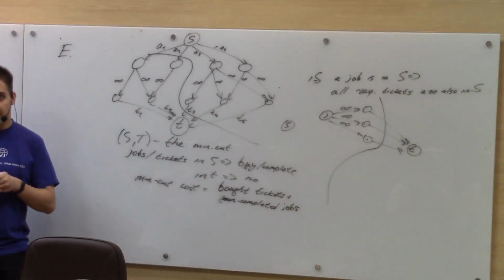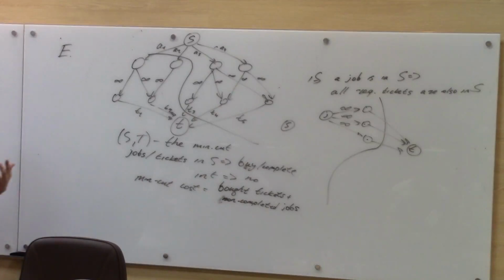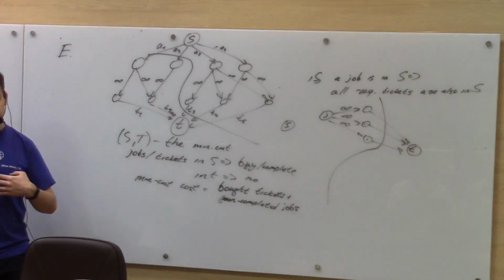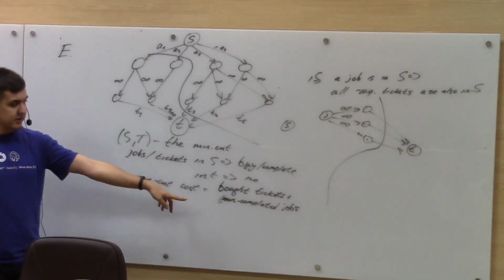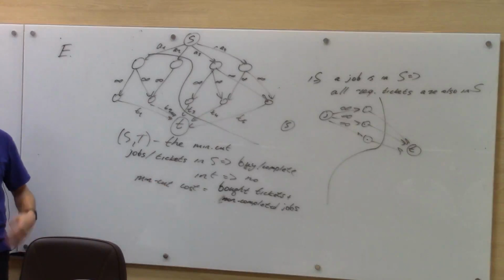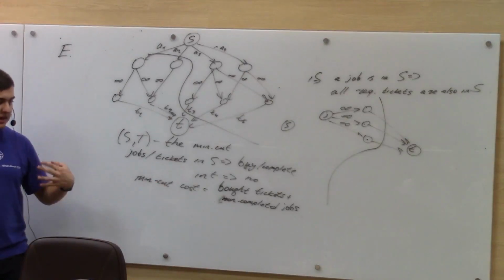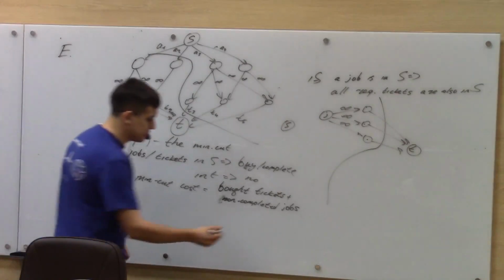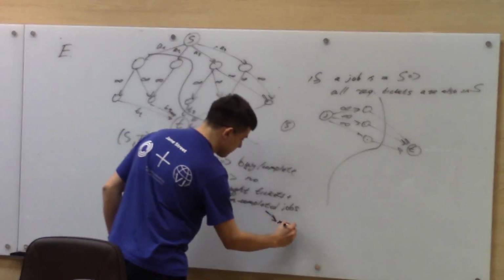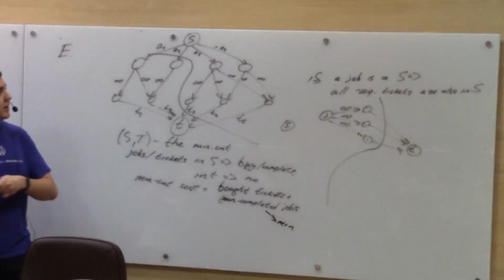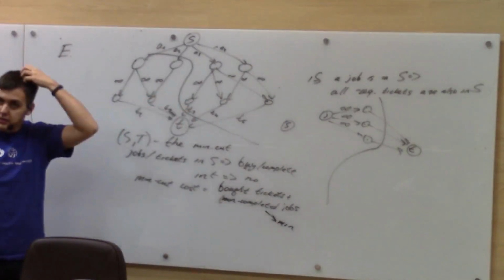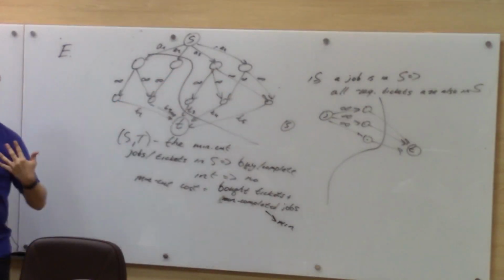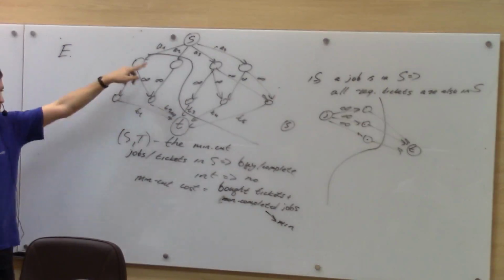So in the original problem, we would like to maximize completed jobs minus the tickets that we bought. Here, it's the opposite of that. So we minimize bought tickets and minimize non-completed jobs. So we find the min cut, and we just buy all these tickets, and we complete all these jobs that depend on those tickets, and we don't do these jobs.